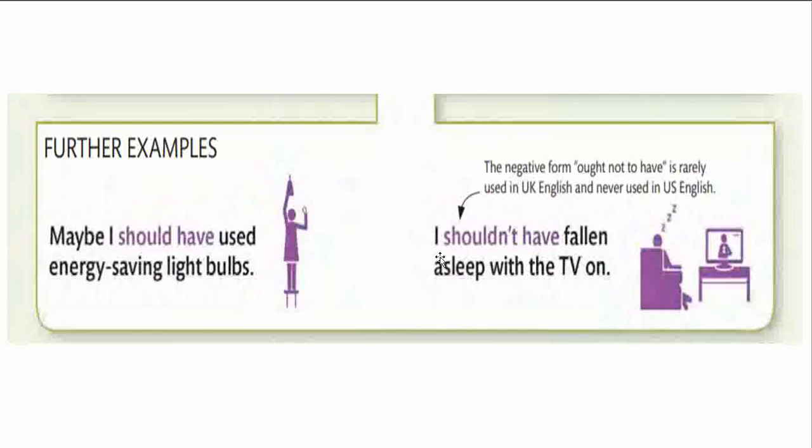So we construct: I shouldn't have fallen asleep with the TV switched on. Requesting you to construct sentences based on should have or shouldn't have. Avoid using ought not to have because it is hardly used in English constructions.